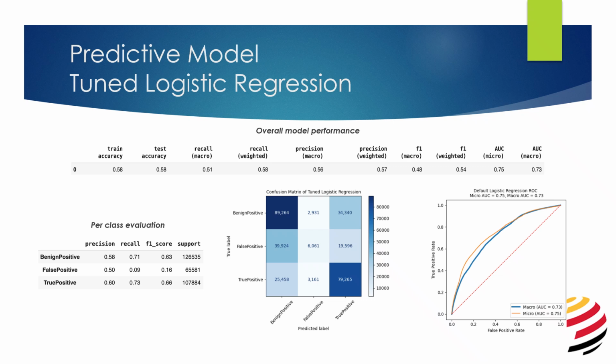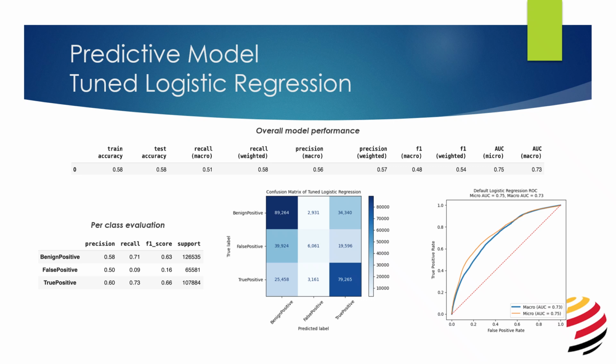Now, we are looking at the tuned logistic regression model. We notice almost no change from the default model. Accuracy remains at 58%, weighted F1 stays at 54%, and the macro AUC is still 0.73.